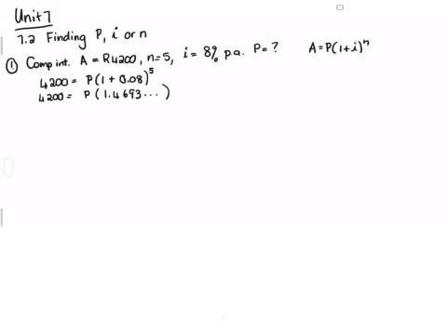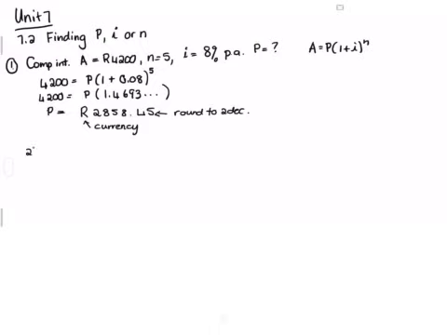Now if I want the P alone, I divide both sides by that value. So P equals, now there's a few things we have to look at here. First of all, you have to always round to 2 decimals. Round correctly. And the other thing is you must put in your currency sign. Show your currency.